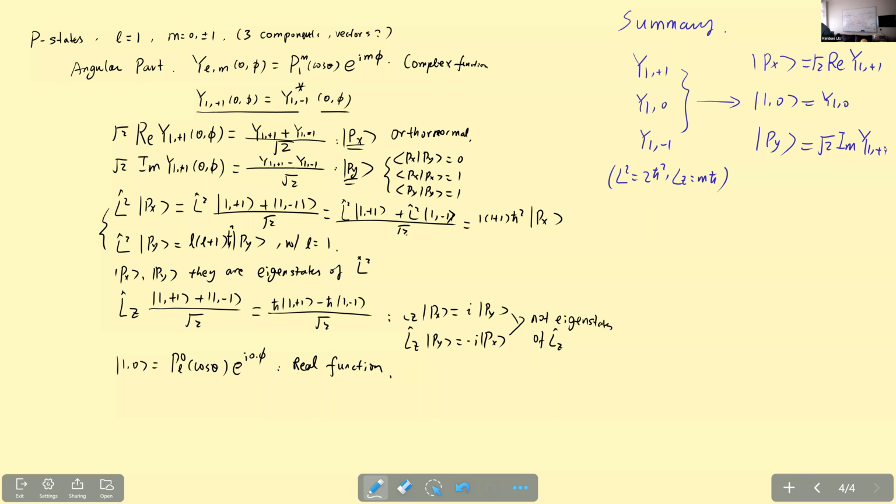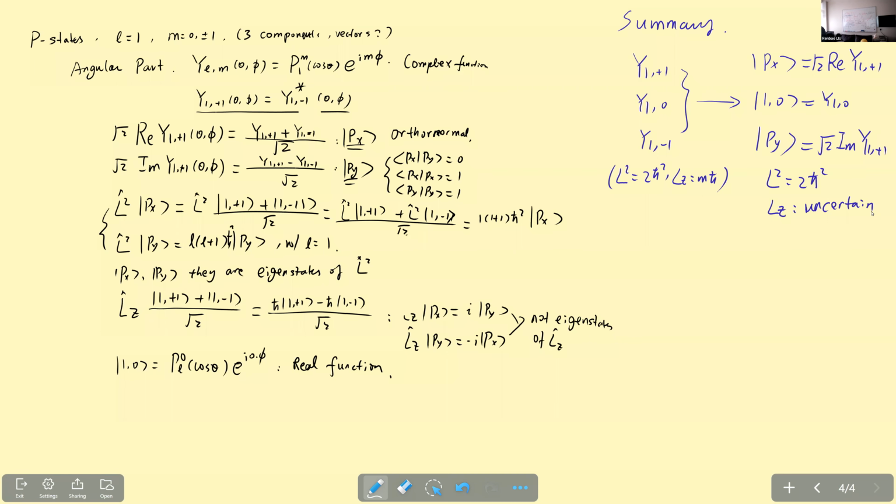But we still have L squared equals 2 times h bar squared, and LZ is uncertain. So we don't have these states as eigenstates of LZ. But later on, you can see that these px, py, and |1,0> states are actually quite interesting.